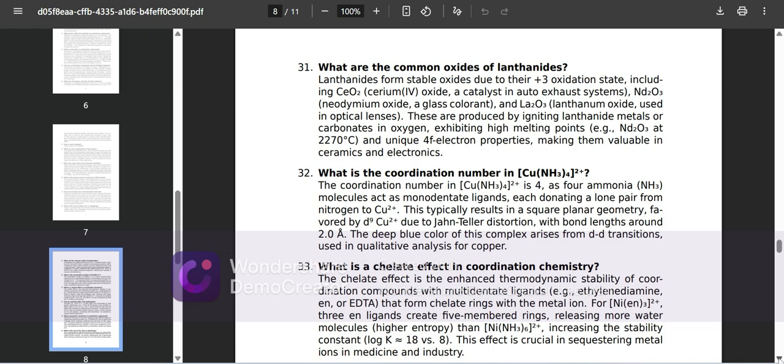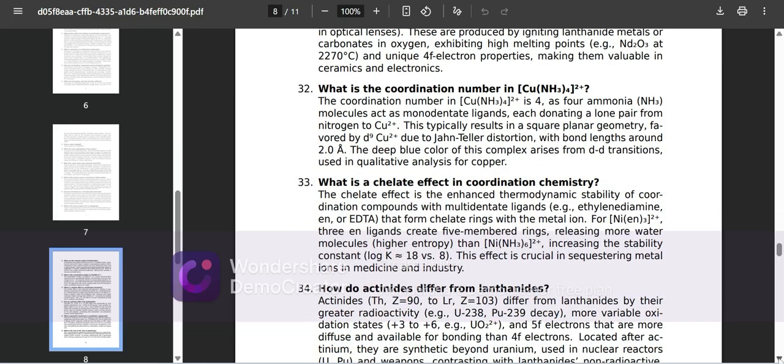These are produced by igniting lanthanide metals or carbonates in oxygen, exhibiting high melting points, Nd2O3 at 2270 degrees Celsius, and unique 4f electron properties making them valuable in ceramics and electronics.